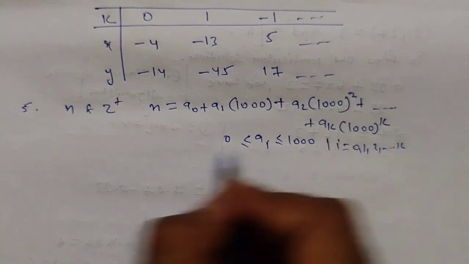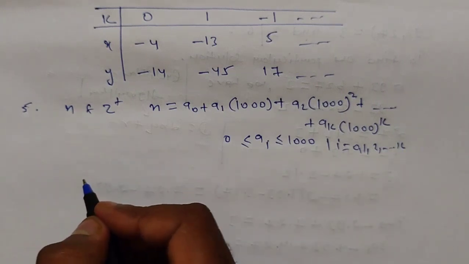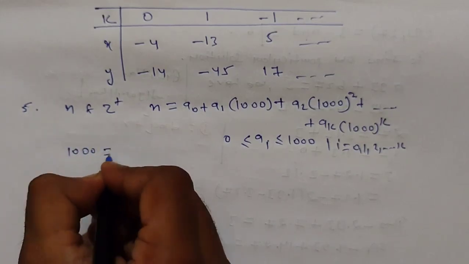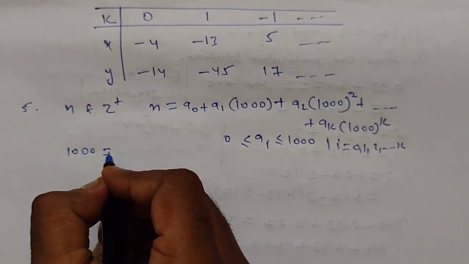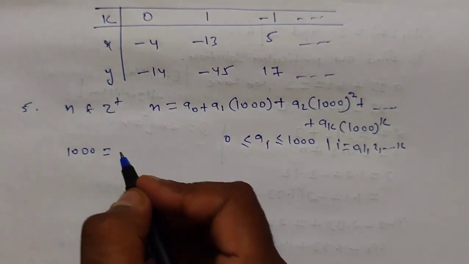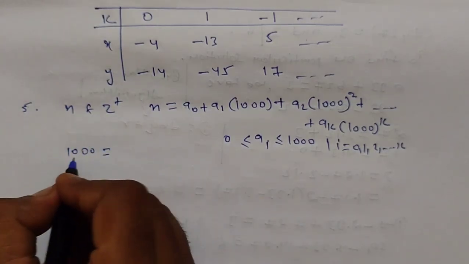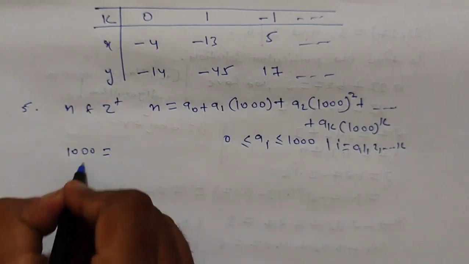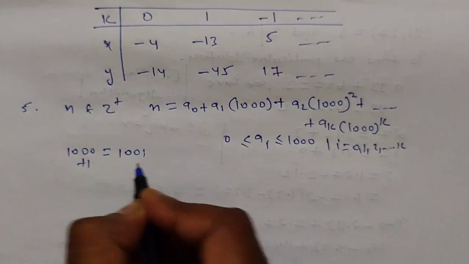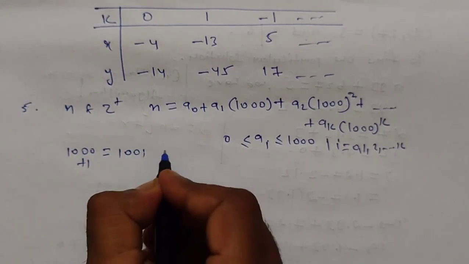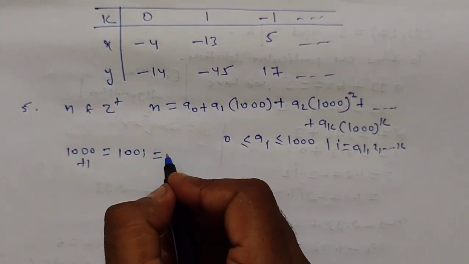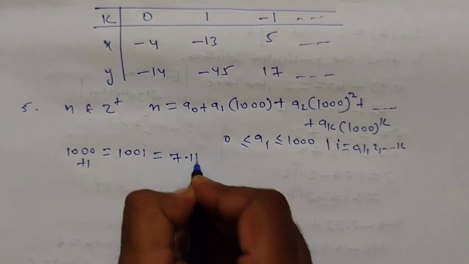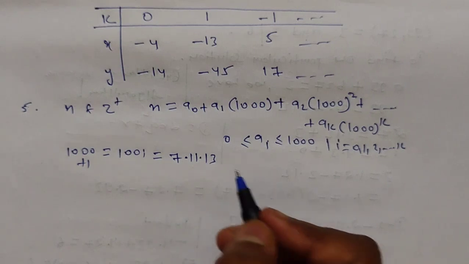So we note that 1000 can be written simply like this: if we take 1000 and add 1, this is 1001, and by the prime factorization method we can write this in the form 7 into 11 into 13.